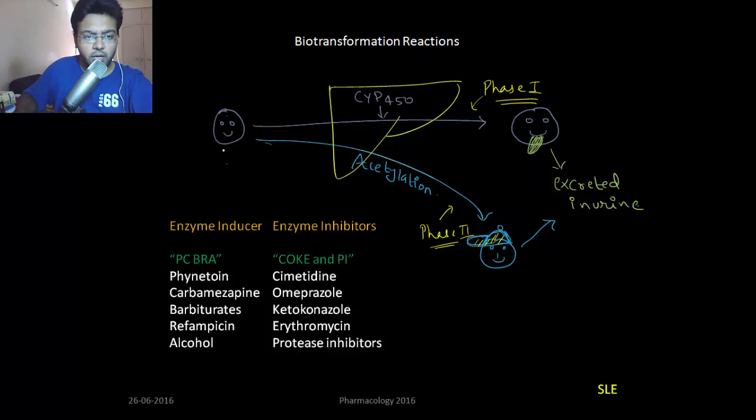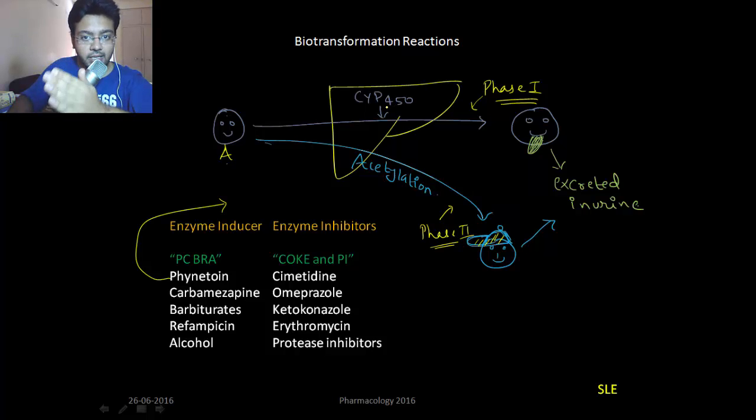For example, if you have a drug A which is already present in your body, and on top you give phenytoin, this phenytoin will induce the cytochrome enzyme. That means it will increase the activity of the cytochrome enzyme.